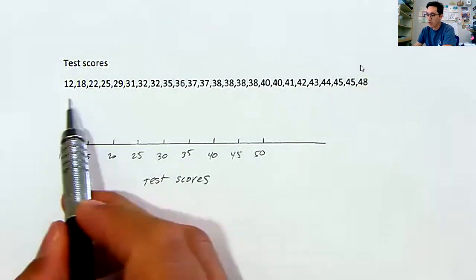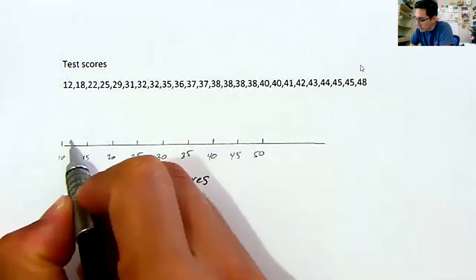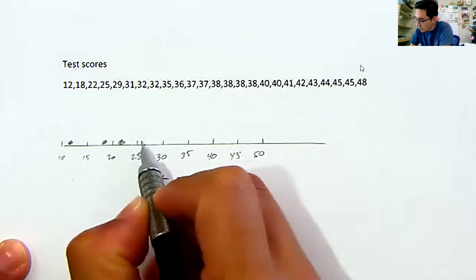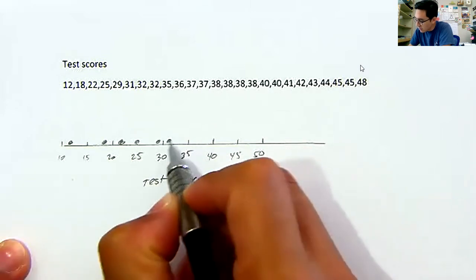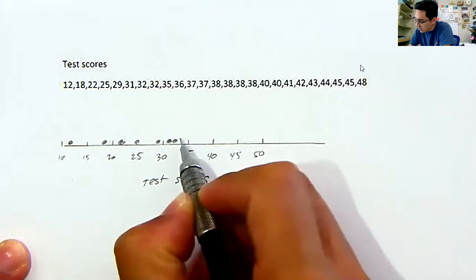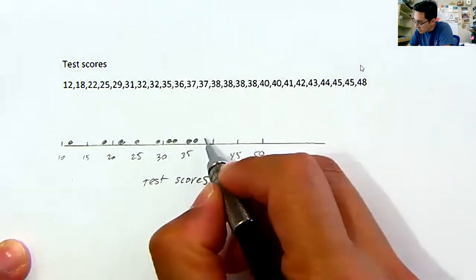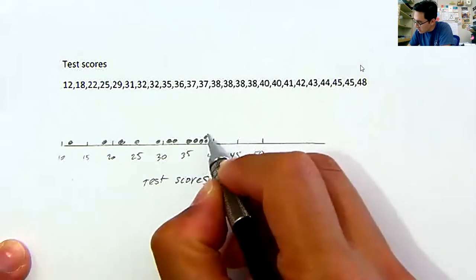So this is going to display the test scores. All right, now for each score on the list, I'm just going to put a dot at that specific value on the number line. And if I have multiple scores of the same value, then I'll just stack the dots. Okay, so we have a 12, an 18, 22, 25, 29, 31, 32, 35, 36, 37, 38, 38, 38.